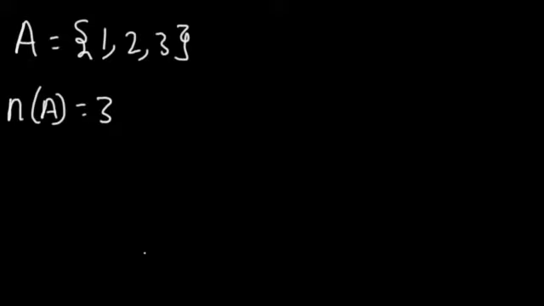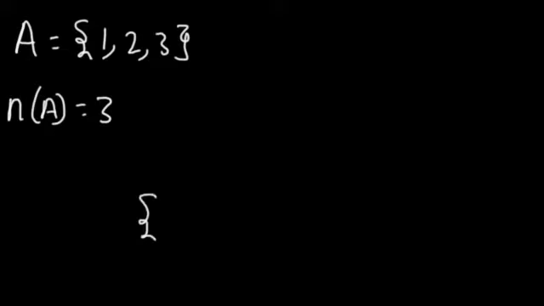Now, I want you to know one thing again. The repetition of elements in a set is irrelevant. If you have one or more elements repeated more than once, consider that element to be just one. The repetition doesn't matter. What do I mean by that?